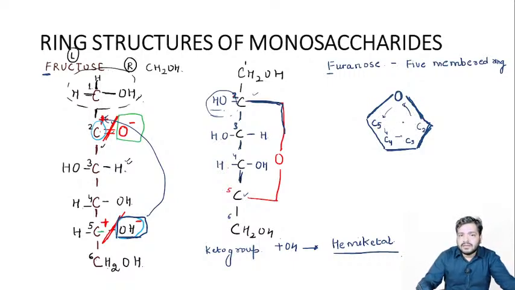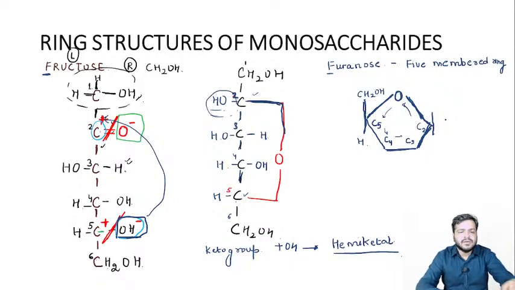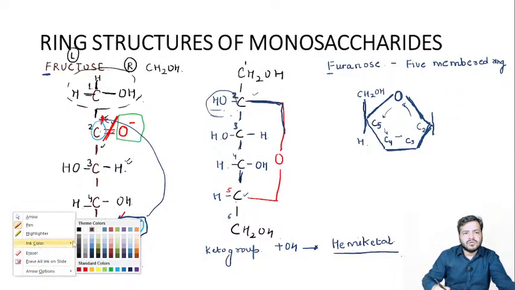And remember, apart from the 5th, we have the CH2OH group which is attached over here, and there is a hydrogen also which is present. So we will draw like this. Now coming on to the second carbon.